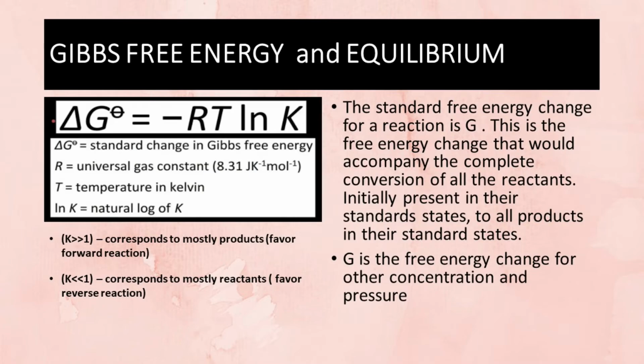The relationship of these two quantities is shown in the equation below, where the Gibbs free energy equals negative R times temperature times the natural log of the equilibrium constant.